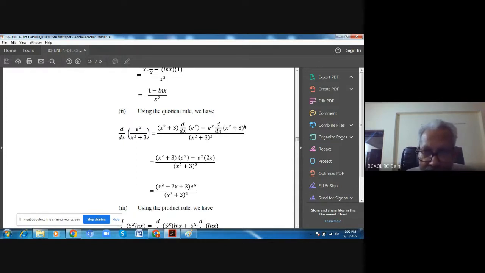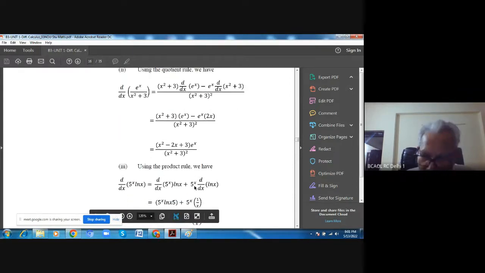But if it is within the bracket, in that case it is totally 0. So you don't do anything. Simply you just remove this, vanish this. So you just write dy/dx of x square, you can do it and write it here. So I hope you are clear on what I mean to say.